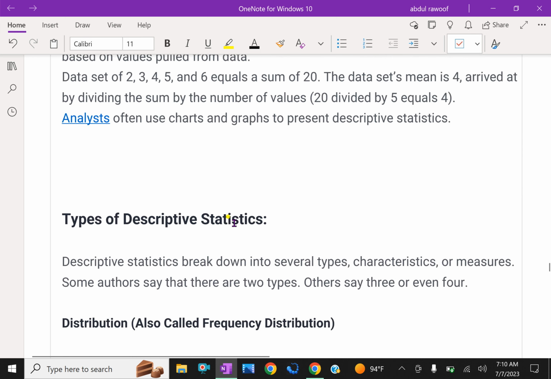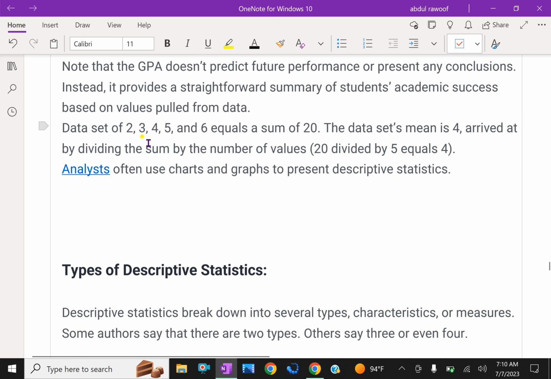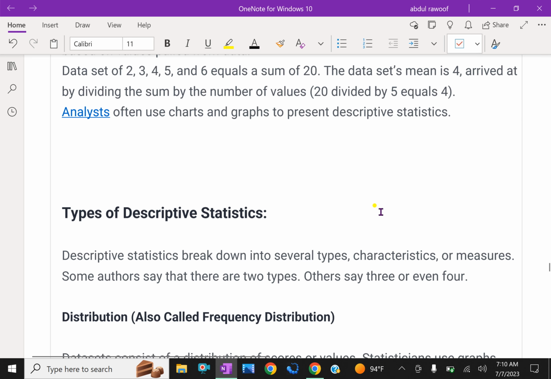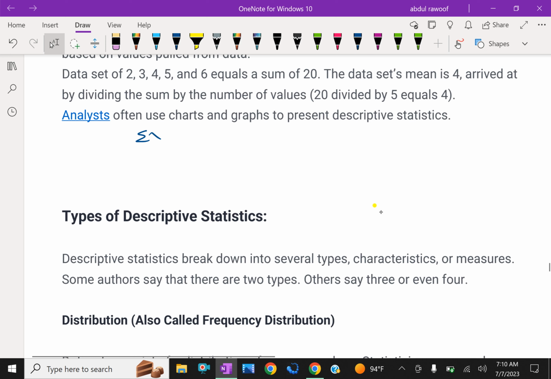From the data set, for example, the numbers 2, 3, 4, 5, and 6, the total is 20. First we have to find sigma x, the total of the available data: 2 plus 3 plus 4 plus 5 plus 6, which gives 20.